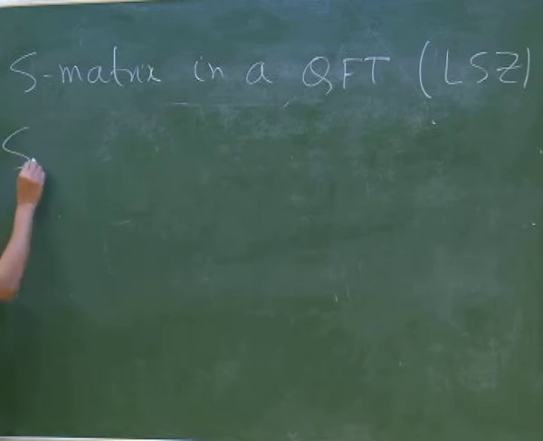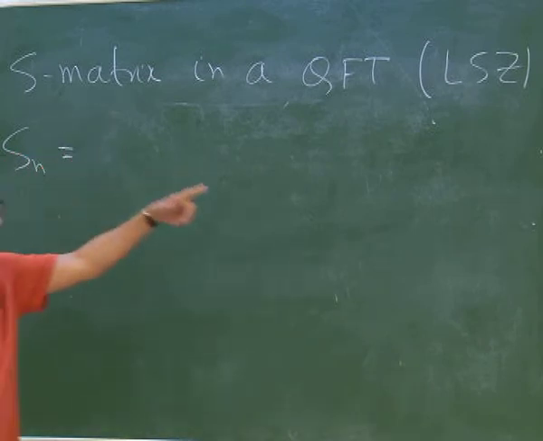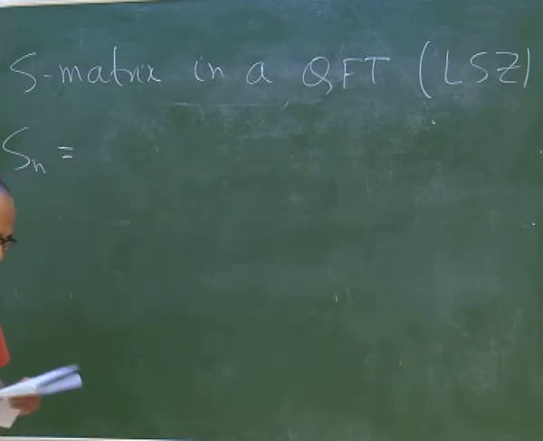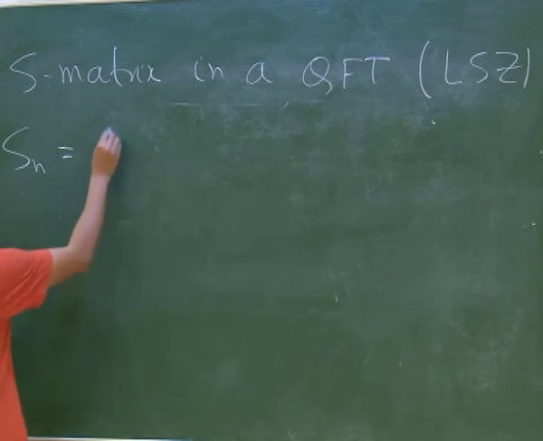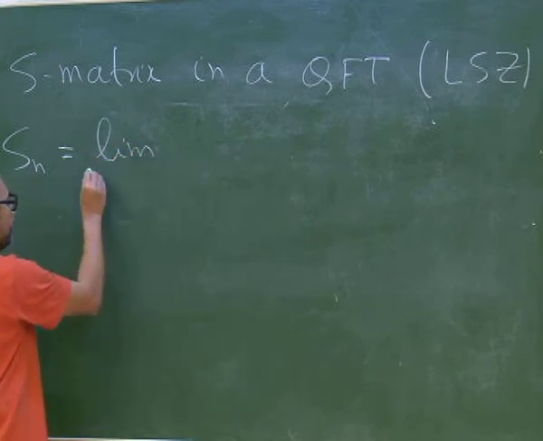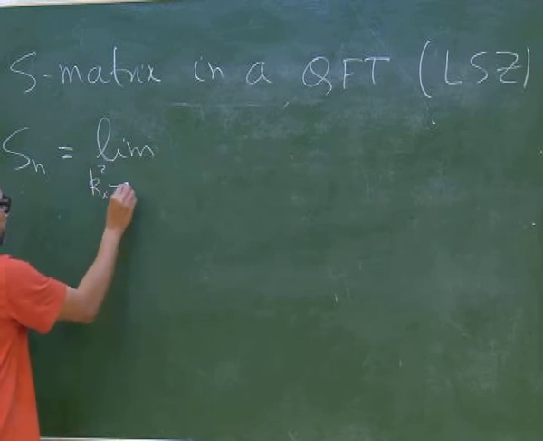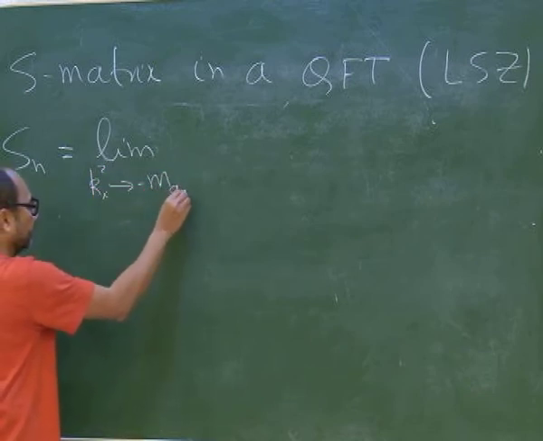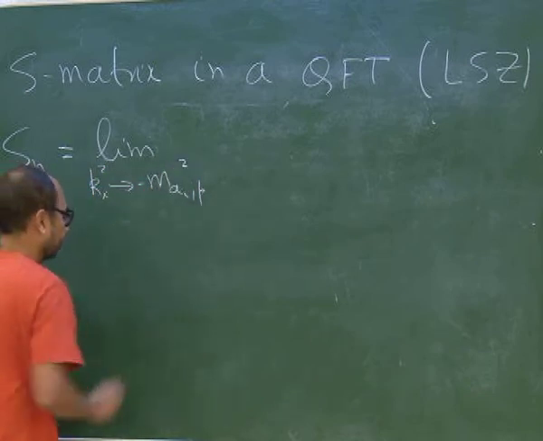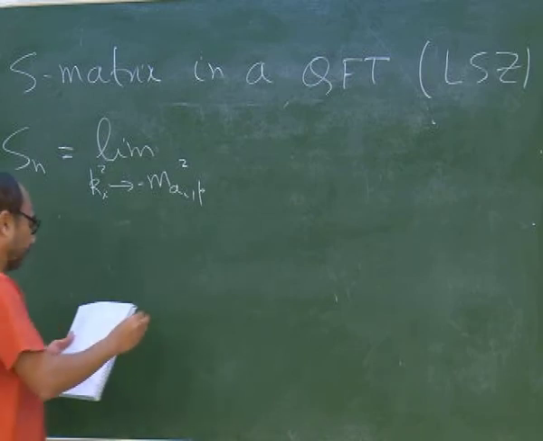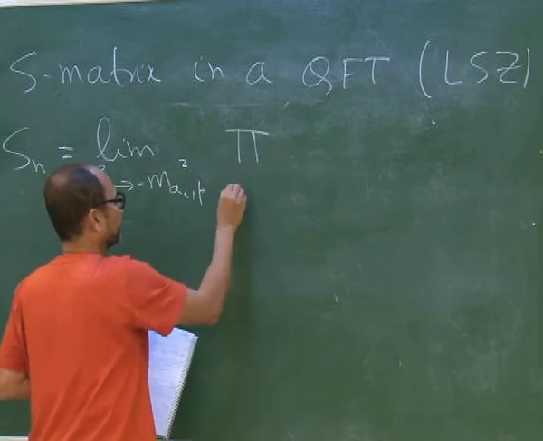I will call that S_n, to distinguish this from A_n, because we want to eventually compare whether this S matrix element is really the Polyakov amplitude. So, here is the expression: the limit of k_i squared going to minus m_{i,p} squared. Again, I will try to explain the various parts of the formula later.